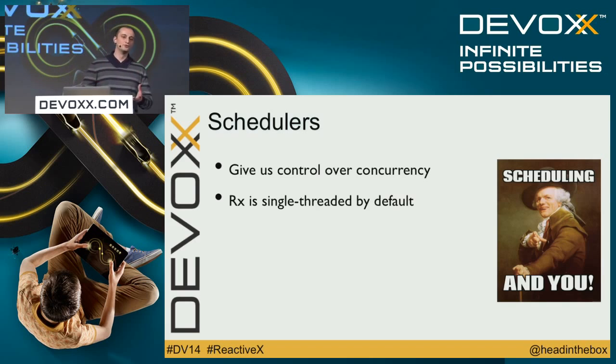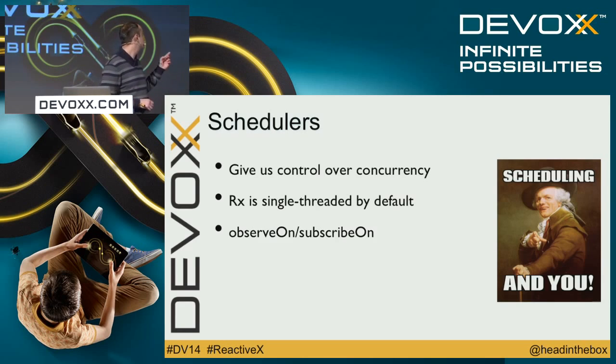Rx really gives you the tools to elegantly manage your event streams, but it doesn't force some type of opinion on you. So by default, it's single-threaded, but you can use schedulers to introduce concurrency. And to introduce concurrency, we can use these two operators. One is observe on, and the other one is subscribe on.